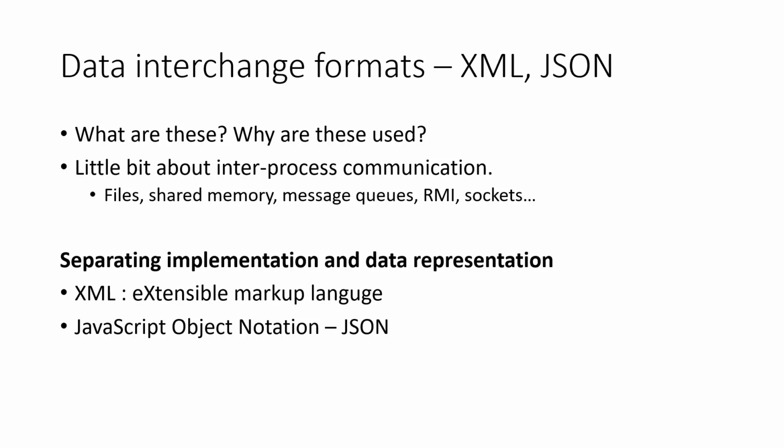Then there are message queues, remote method invocation, and communication between two different computers which are physically apart. Then there are sockets. That means the internet works on sockets. These are the different kinds of inter-process communication. The whole idea is, there is a process running on one computer and another process running on another computer, so they need to communicate.